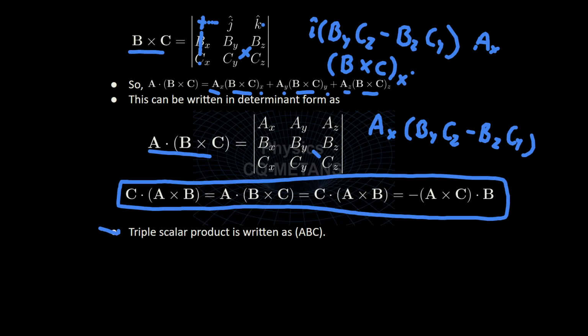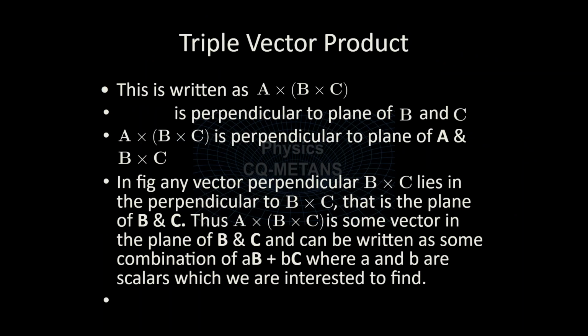The last thing is that the triple scalar product is written in the bracket, parenthesis A, B, C. So if I write in the bracket vector A, vector B, vector C, it represents A dot B cross C, the scalar triple product. Now the vector triple product, as mentioned, is written as A cross B cross C. The result will give me a vector.